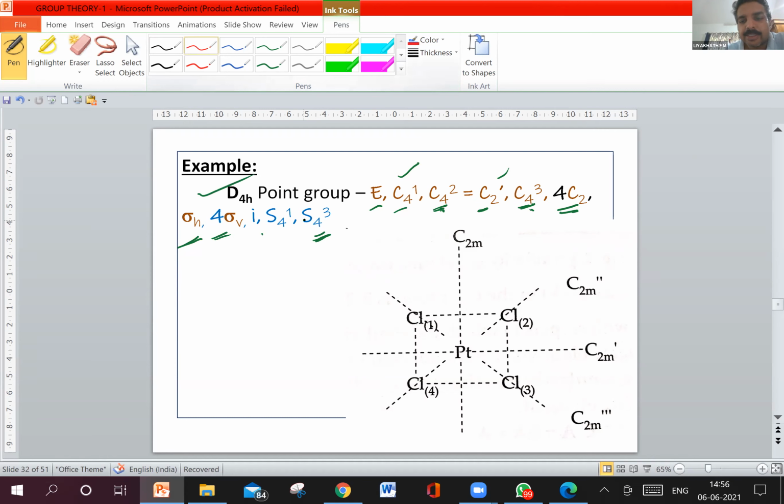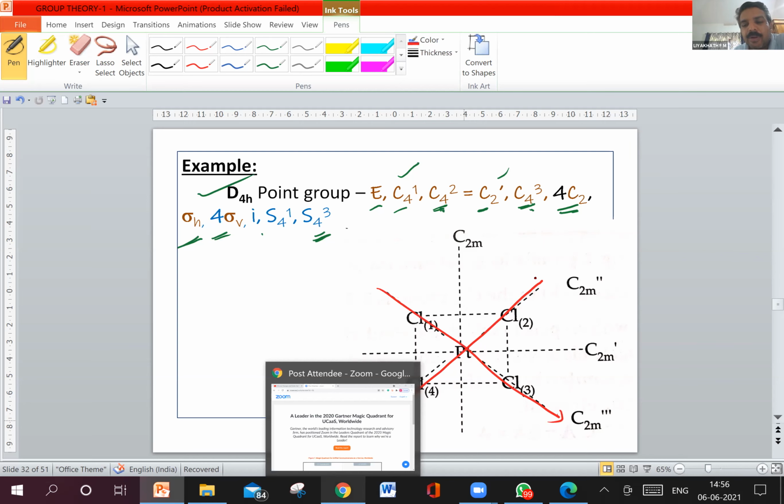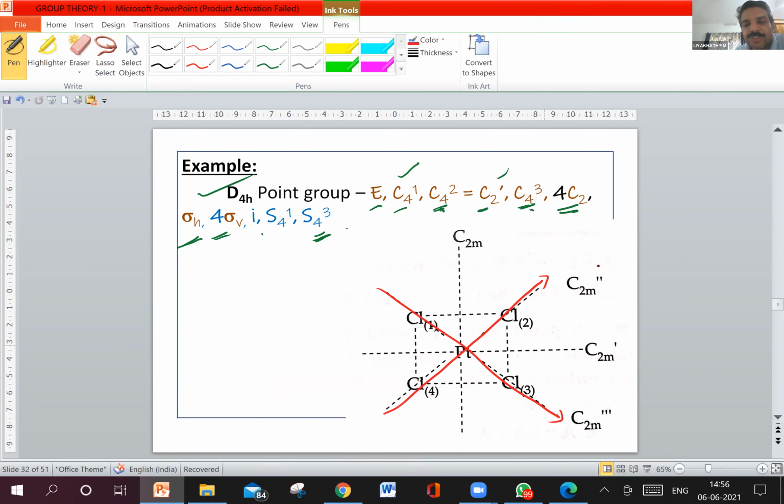Consider this C2 axis. This is one C2 axis, and this is another C2 axis. By looking at this, we can say that these are two equivalent C2 axes. So these 2C2, I'm denoting as 2C2' double dash.